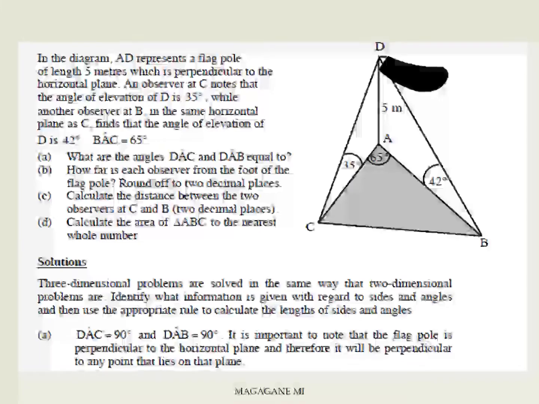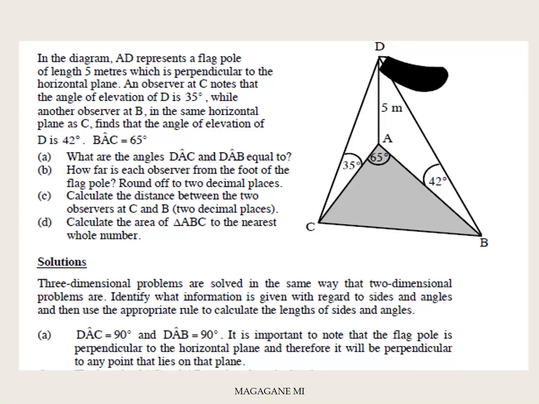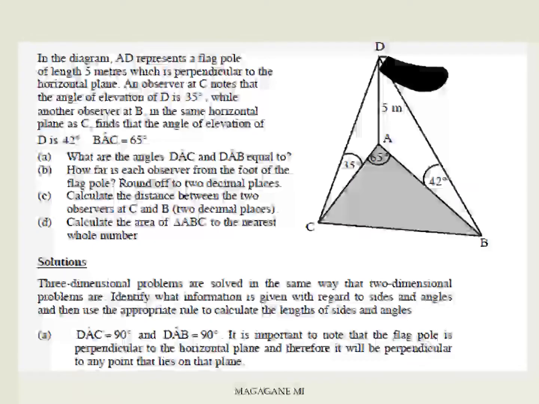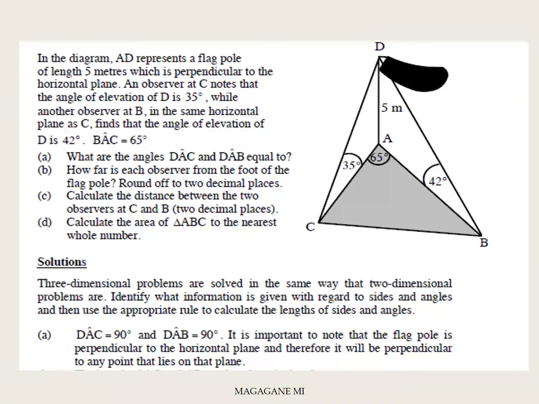It is also important to note that the flagpole is perpendicular to the horizontal plane, and therefore it will be perpendicular to any point that lies on that plane. Therefore, to answer the question, what are the angles DAC and DAB equal to? DAC equals 90 degrees and DAB equals 90 degrees.